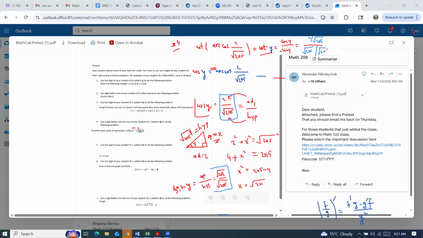Because I can multiply the top and the bottom by it, so they will go away, and I ended up with the answer, which is 2 over square root 201.